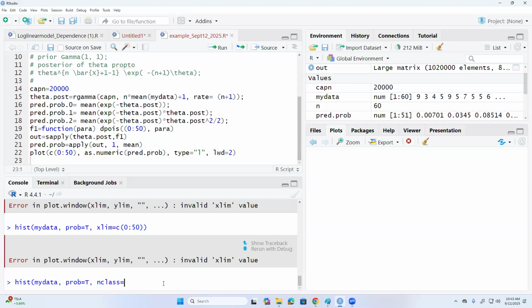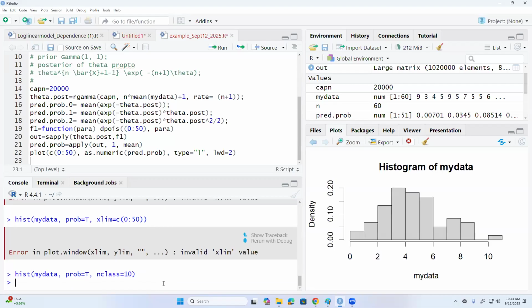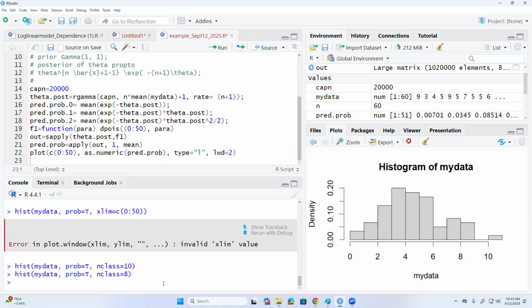In class equal to, let's say 10. Like this, okay.